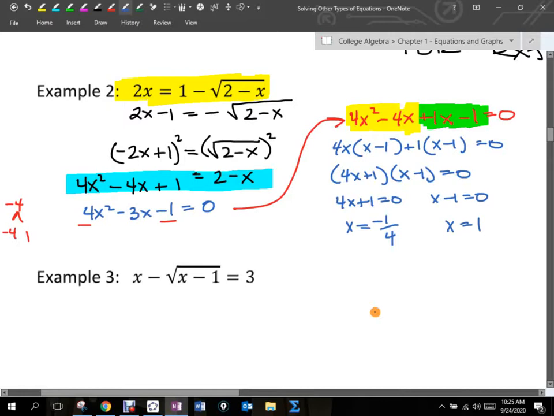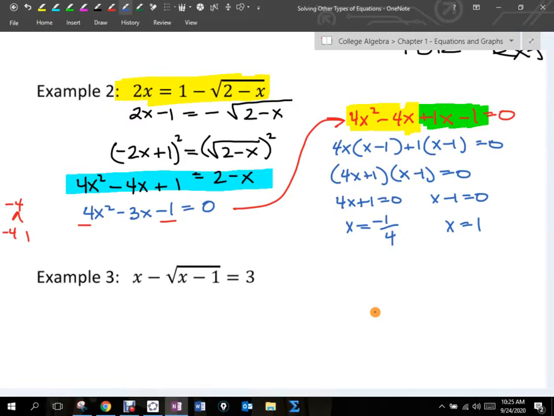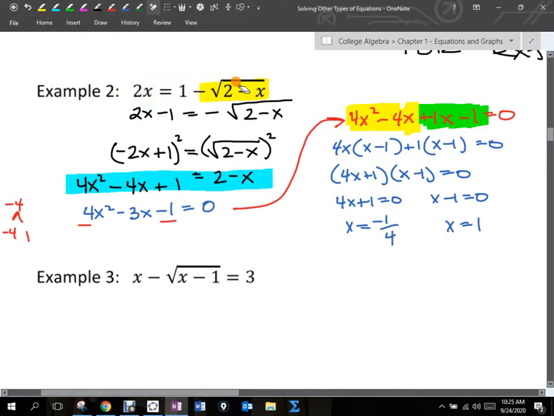Okay? All right. Now, I need to check these. Okay? Let's say that I check 1 first. If I plug in 1, I get 2 times 1 equals 1 minus root of 2 minus 1.